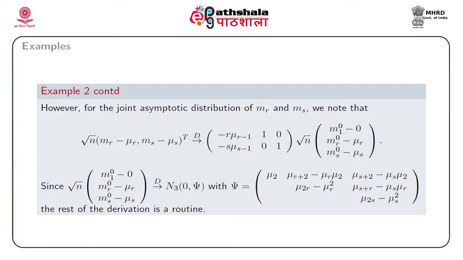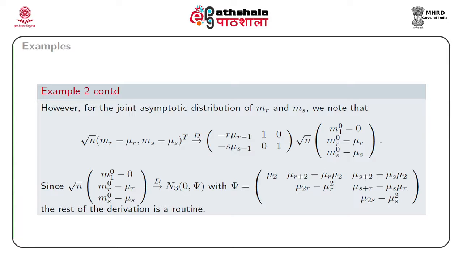We can observe that the asymptotic joint distribution of MR and MS is the same as given in the text. Now, the asymptotic distribution of M1 naught, MR naught and MS naught is a 3-variate normal with mean vector 0 and dispersion matrix sigma psi, where psi is given in the text, and therefore, the large sample distribution of MR and MS is just routine and we skip the details.